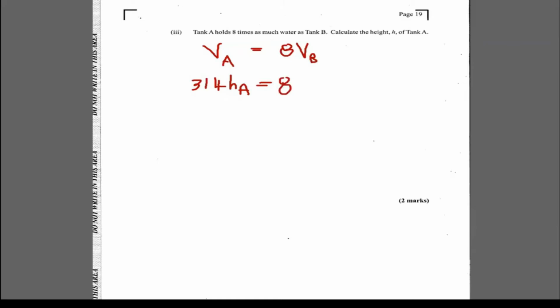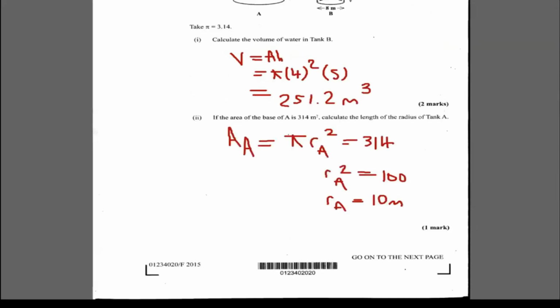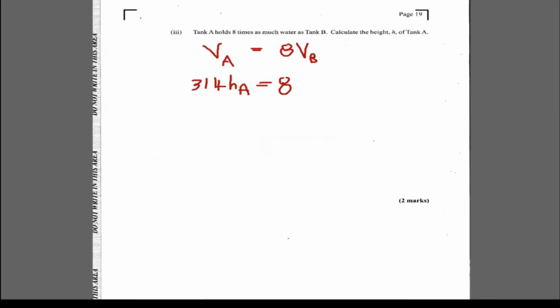What did we say was the volume of B? The volume of B we found was 251.2. So this is just 8 times 251.2. Nice. So all we're required to do now is work those out.